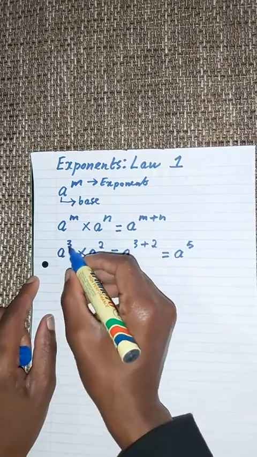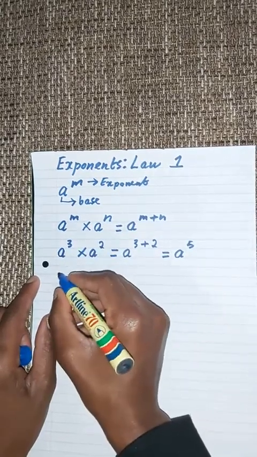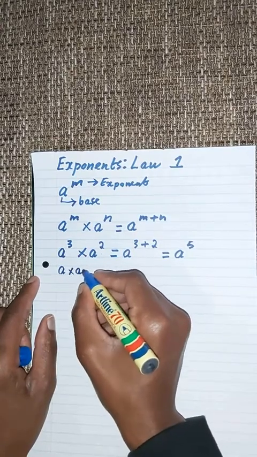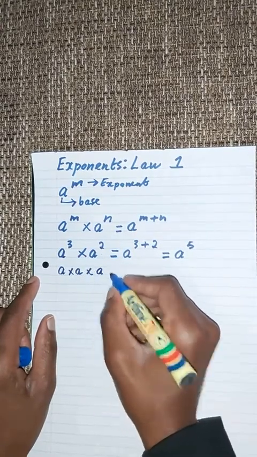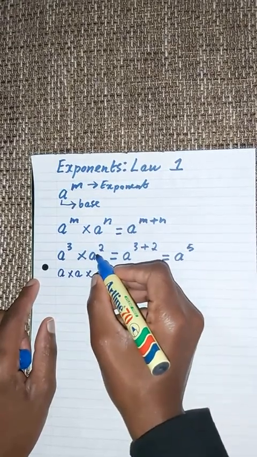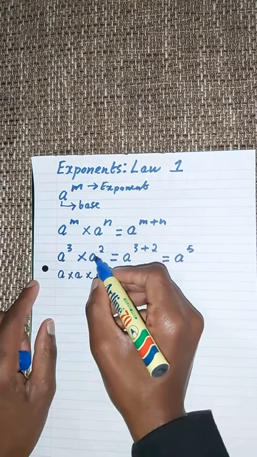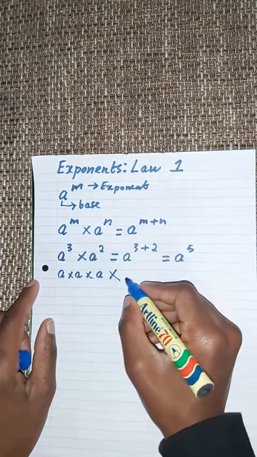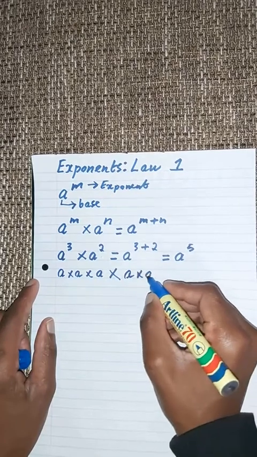But a to the power of 3 means that I have 3 a's. So I have a times a times a, right, multiplied by this power, which is a to the power of 2, meaning that here I have 2 a's. So I have a times a.